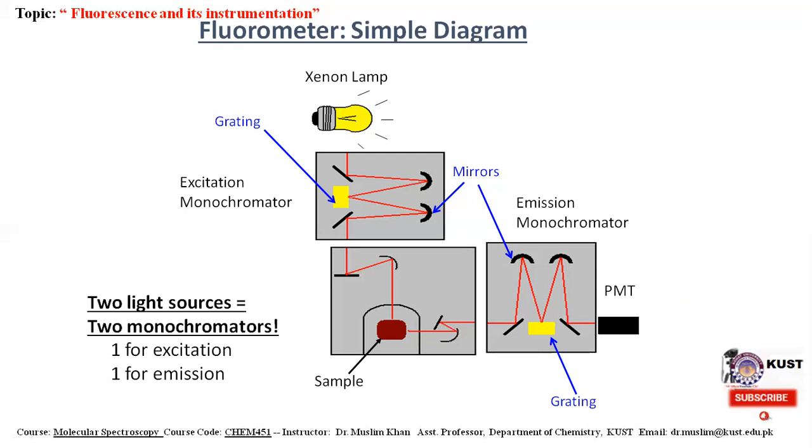This is a simple one. Two monochromators are used, one for excitation and one for emission.